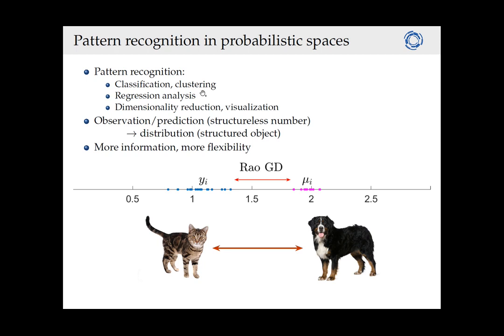Regression analysis is, of course, finding patterns at a certain macroscopic level between properties of a system. Dimensionality reduction is another task, and visualization is one result. If you do dimensionality reduction up to 3 or 2 dimensions, you can actually visualize data that actually lie in a higher dimensional space.